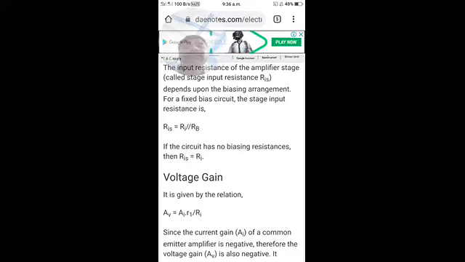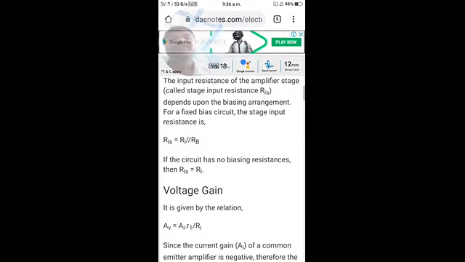So this RIS is nothing but Ri dash, and Ri we can calculate from the formula. Ri is the input resistance, HIE plus HFE AI into RL.